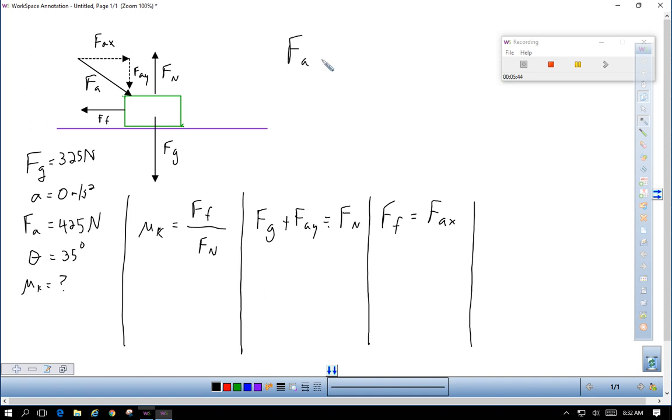So Fa sine theta will equal the opposite side, which will be Fay. And we'll get a value for it in just a moment. And then Fa cosine theta will equal Fax.